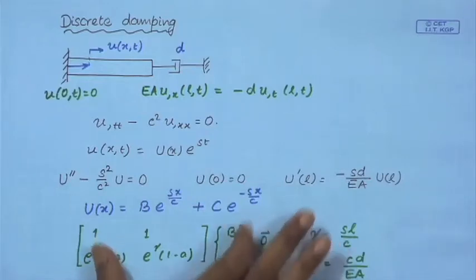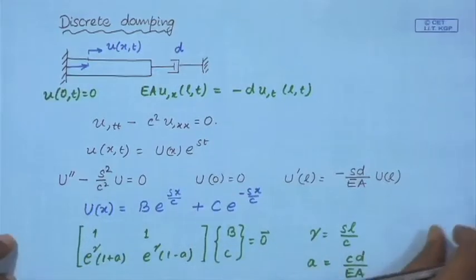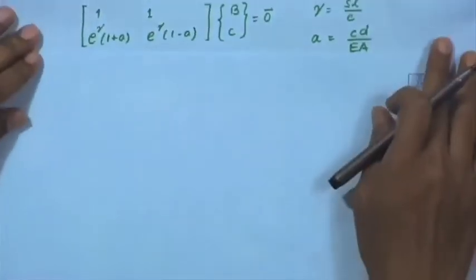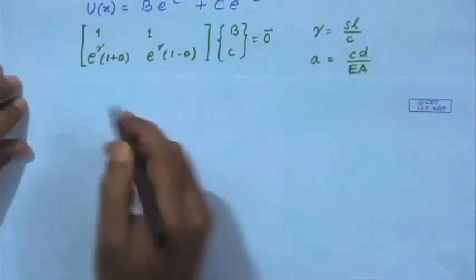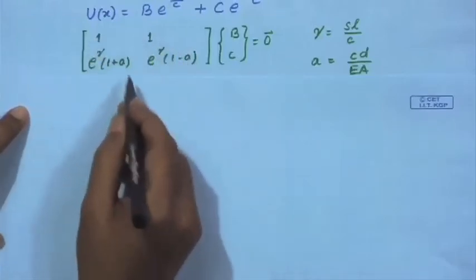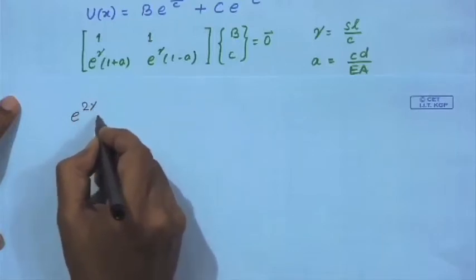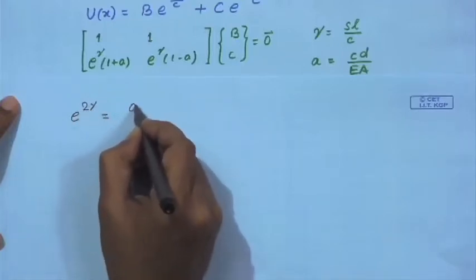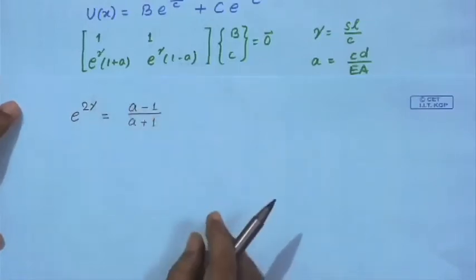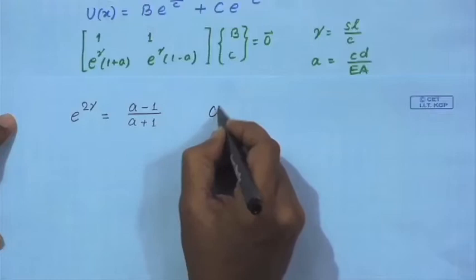So, we have to solve this system. For non-trivial solutions of B and C, the determinant of this matrix must be 0, which leads us to, as you can very easily find out, this equation, which is the characteristic equation.